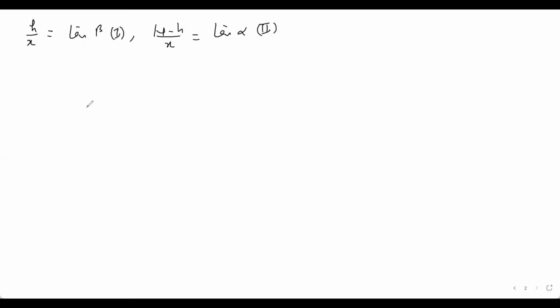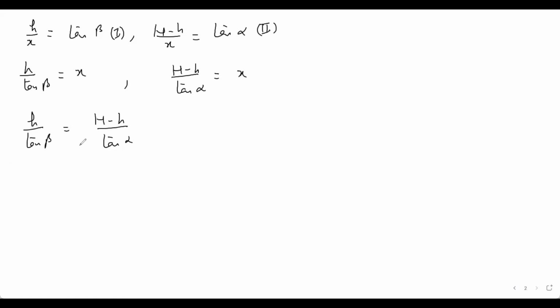Now I have two equations, h by x is equal to tan beta, and H minus h upon x is equal to tan alpha. I'm going to find the value of x here. Now, if h by tan beta is equal to x, and H minus h upon tan alpha is equal to x, it means I can write h by tan beta is equal to H minus h upon tan alpha.